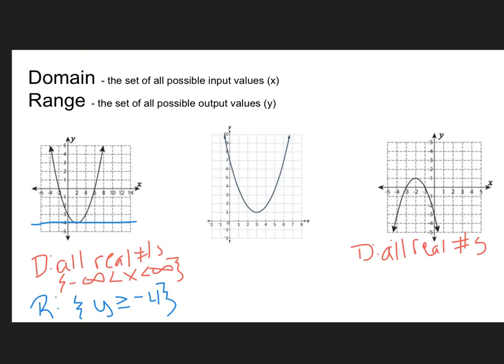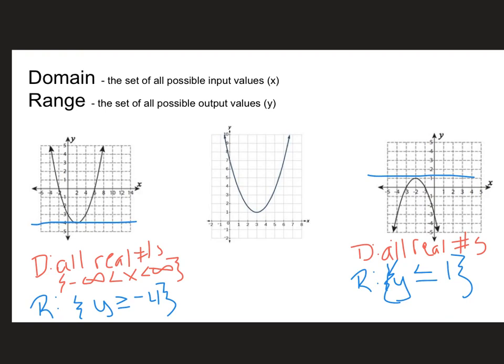But the range is going to be all values that are below that maximum line. So we would say the range is where y is less than or equal to 1. Less than because it has to be below that line instead of greater.